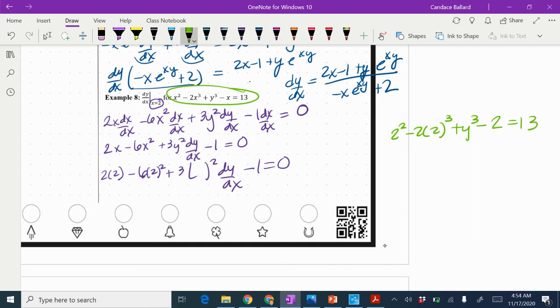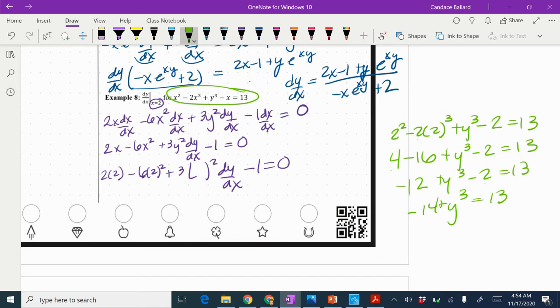Well, 2 squared is 4. 2 cubed is 8 times the negative 2 is negative 16, plus y cubed minus 2 equals 13. So let's see, 4 minus 16 is negative 12, plus y cubed minus 2 equals 13. Negative 12 minus 2 would be negative 14, plus y cubed equals 13.